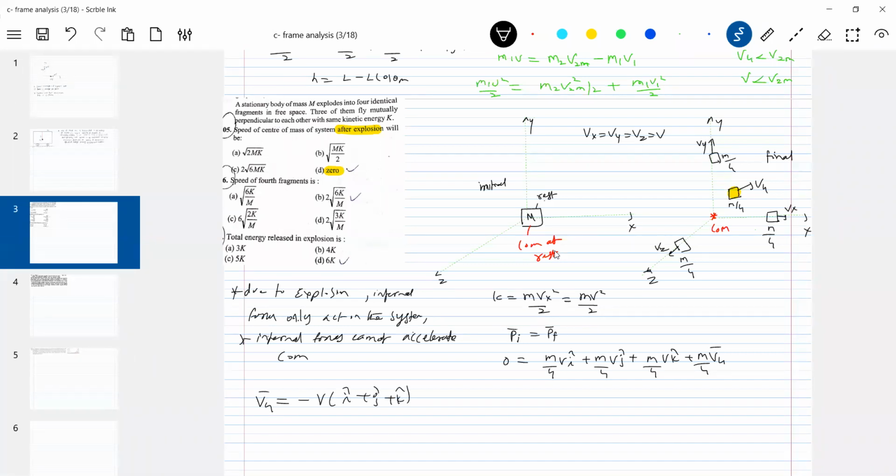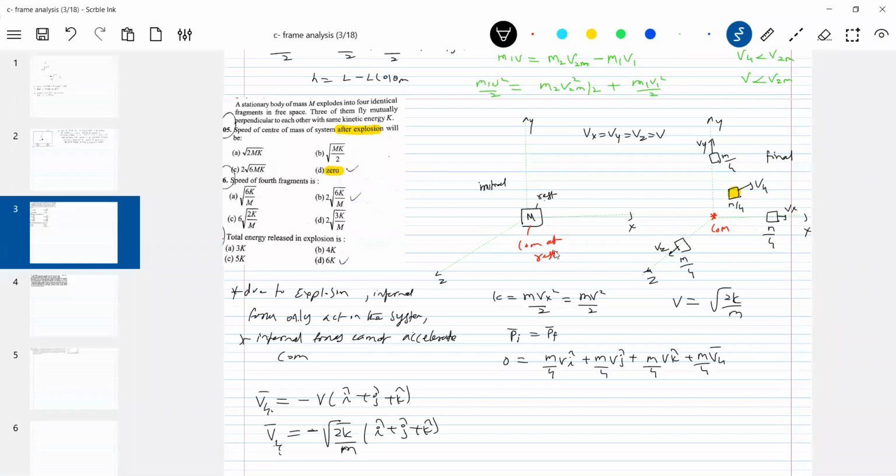How is kinetic energy related to this? V is equal to the square root of 2k by m. The speed of that should be equal to the square root of 2k by m. So V4 bar is the square root of 2k by m times (i cap plus j cap plus k cap). This is the velocity of the fourth mass.